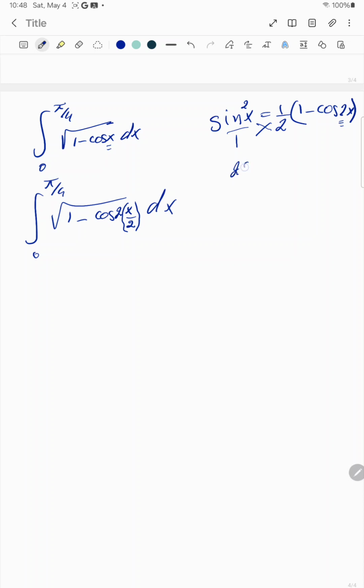So 2 sine square of x is equal to 1 minus cosine 2x. So I can replace this by 2 sine square of x. But here in my case, x is equal to x divided by 2. So my integral becomes from 0 to pi over 4 square root of 2 sine square of x over 2.